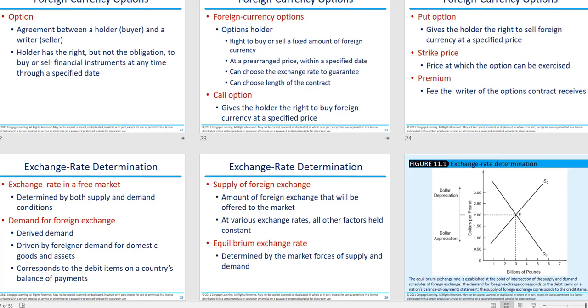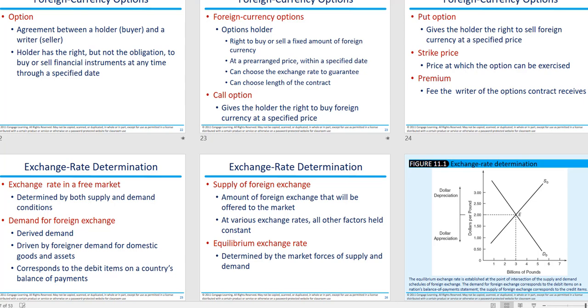What do I mean? In a forward contract or futures contract, you establish that you're going to buy that currency in the future at this predetermined exchange rate. So when that future date comes, you have to do your part of the agreement. Otherwise, you're breaking the contract and therefore you can be sued.